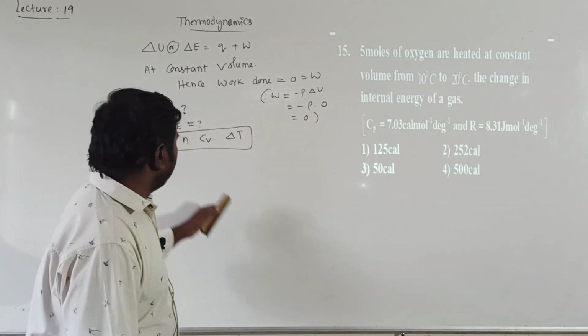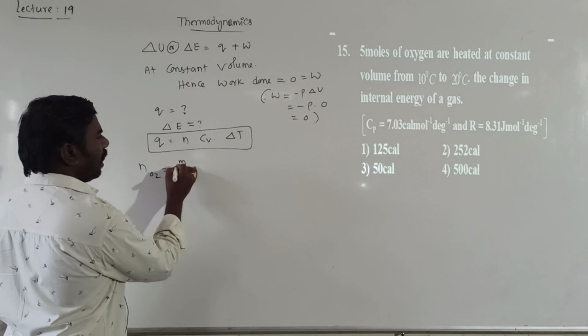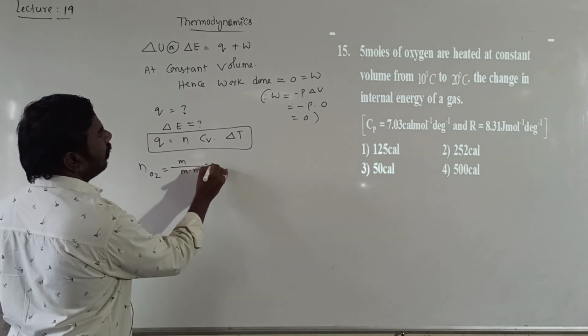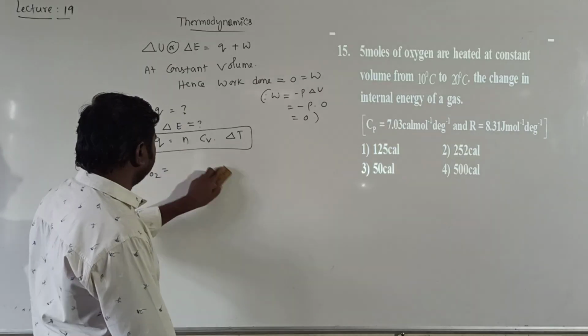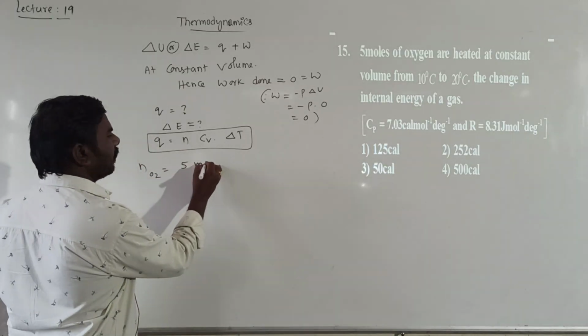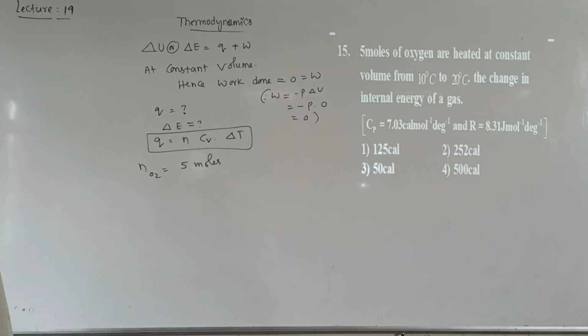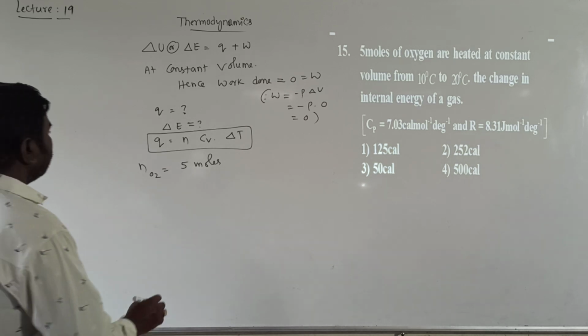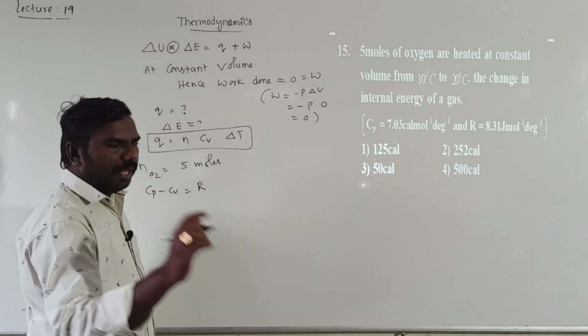Here n means number of moles of oxygen equal to mass by molar mass. Mass is already given, no, 5 moles is given, no need of this formula. Next, the Cv value they didn't give in the question, but Cp is given. Cp minus Cv equals R, you know already.